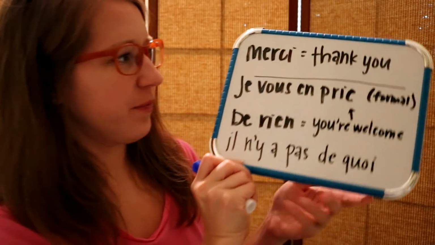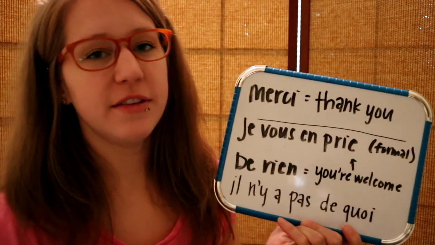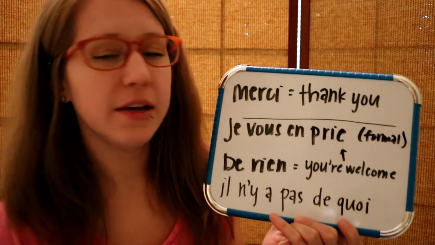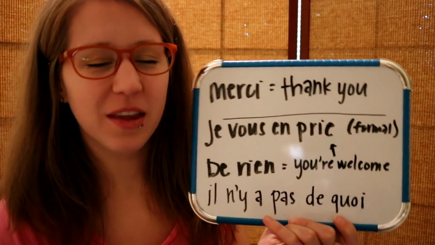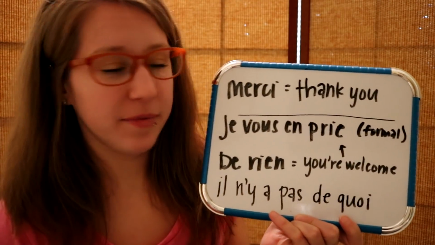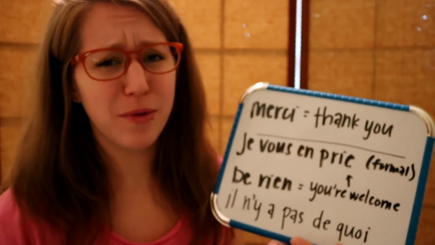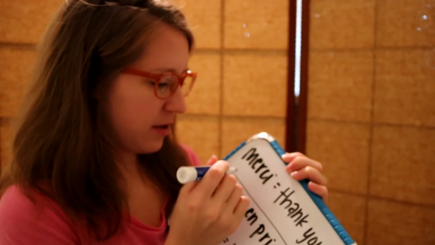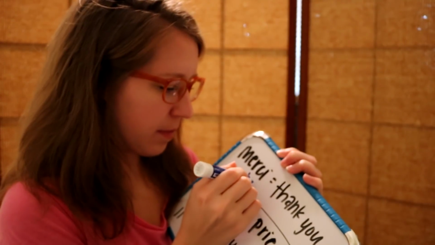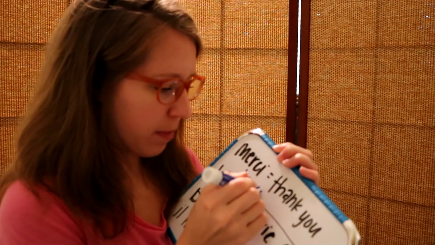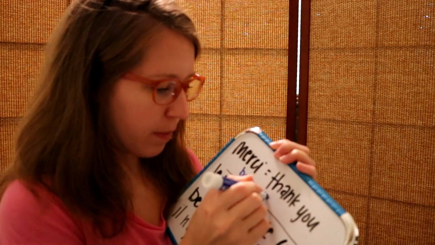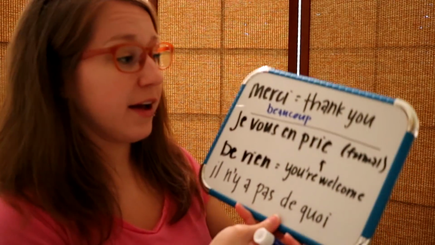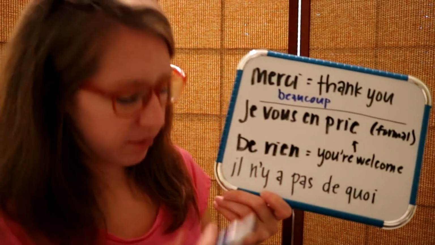Okay, so first of all, to say thank you to someone, it's merci. Merci, which a lot of people have probably heard before, even English speakers. You can add beaucoup to merci.